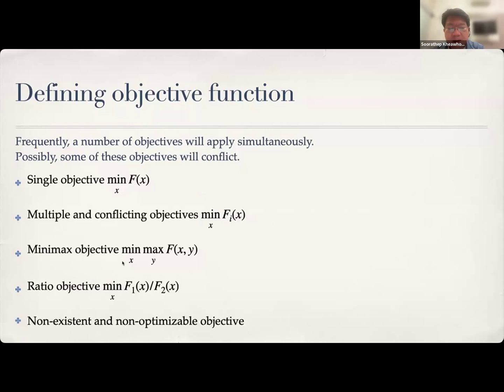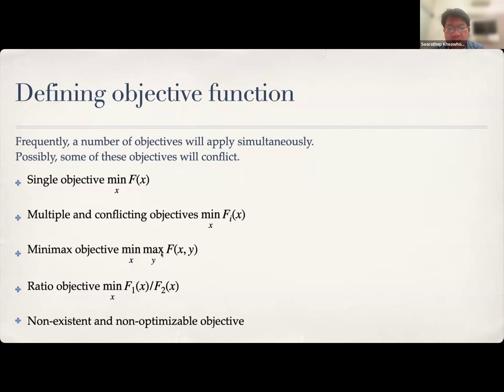The next one is minimax objective function, where we try to minimize the objective function by adjusting one set of variables, and at the same time we maximize the objective function by adjusting a different set of the decision variables. Okay, this one we call minimax.